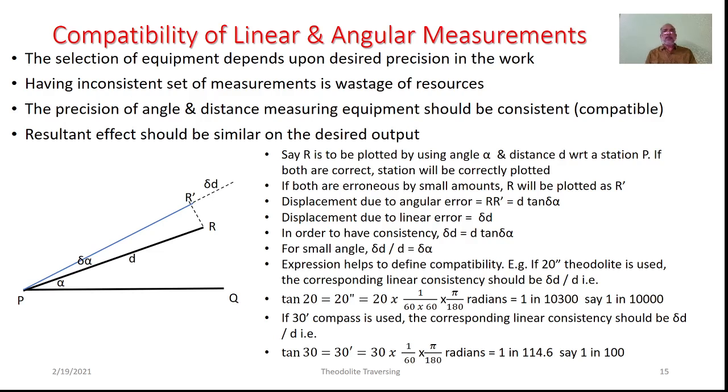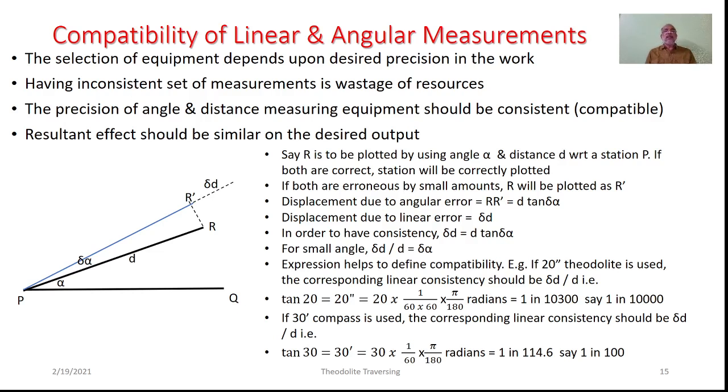An important concept is to observe the compatibility between linear and angular measurement. In simple words, say if we wish to measure angle precisely and we are measuring the respective chain lengths or survey lines by using some inferior means, it will totally hamper the precision in the work, and having an inconsistent state of measurement, it will be sheer wastage of resources.